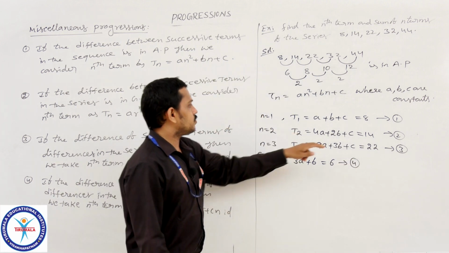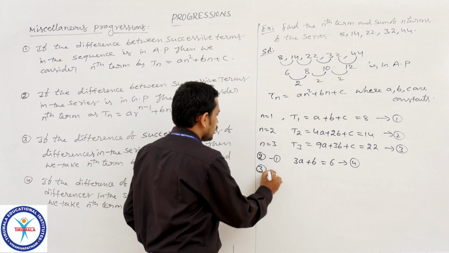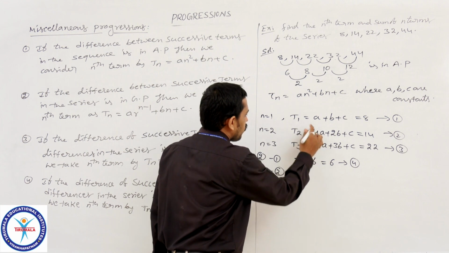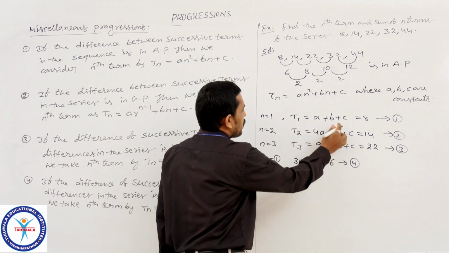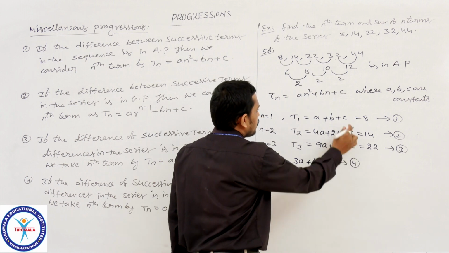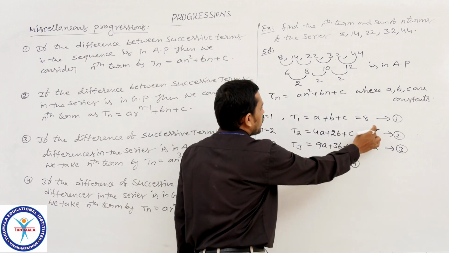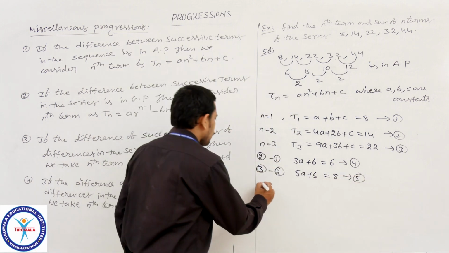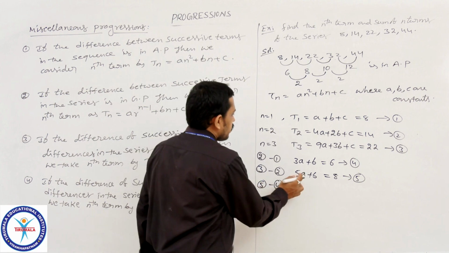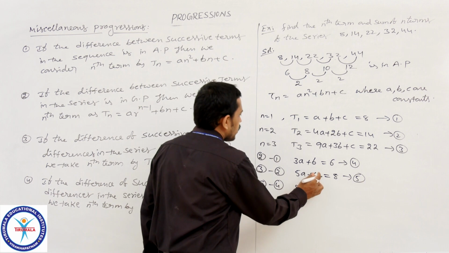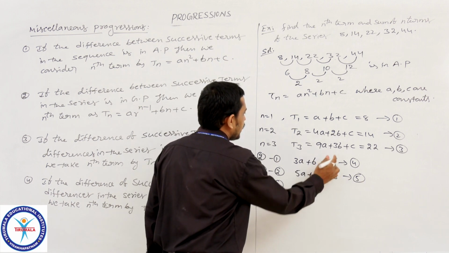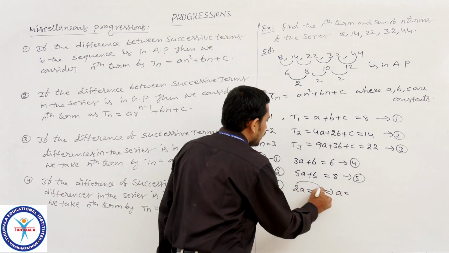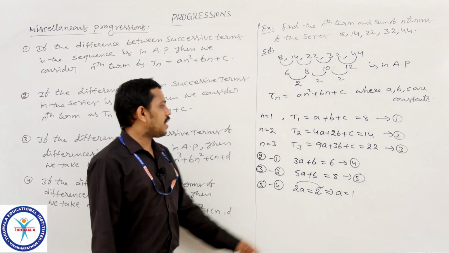Then equation 3 minus 2: 9a minus 4a is 5a, plus 3b minus 2b is b, c minus c cancels, equal to 22 minus 14, which is 8. Again solve 5 minus 4: 5a minus 3a is 2a, b minus b cancels, equal to 8 minus 6, which is 2. Here a is equal to 2 by 2, which is 1. So we have the a value.